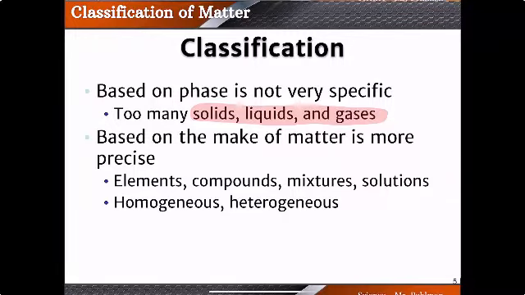What we'd like to do is be a little more specific when we're trying to describe the makeup of matter. Instead of describing it as states of matter, solid, liquid, gas, and if we're looking at states of matter you can throw in plasma, and then the fifth state of matter that no one really talks about, the Bose-Einstein condensate that occurs just a few nanodegrees above absolute zero.